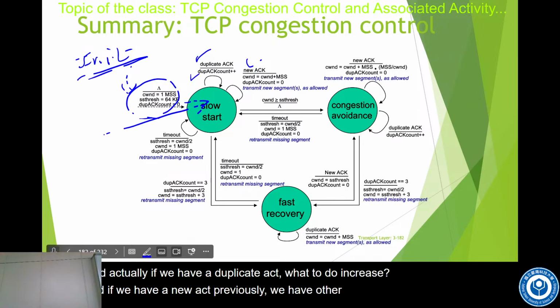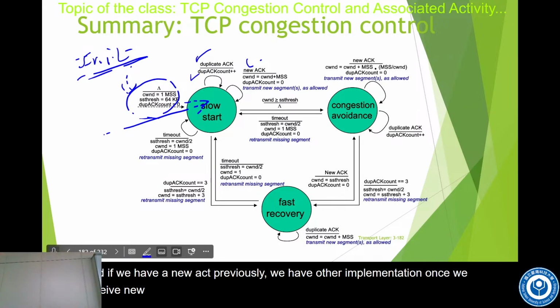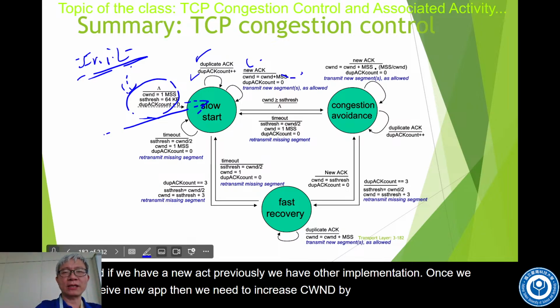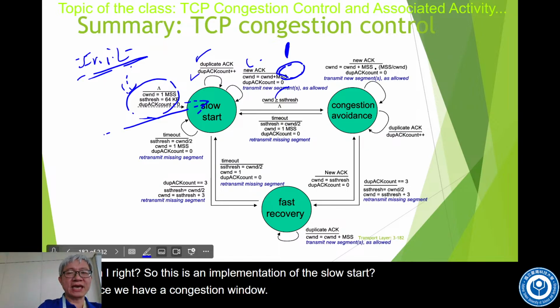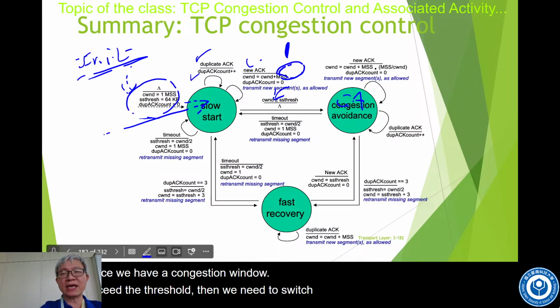Once we receive a new ACK, then we need to increase CWND by 1. So here it's 1. Am I right? So this is the implementation of the slow start. Once we have a congestion window exceed the threshold, then we need to switch to CA or AI, right?